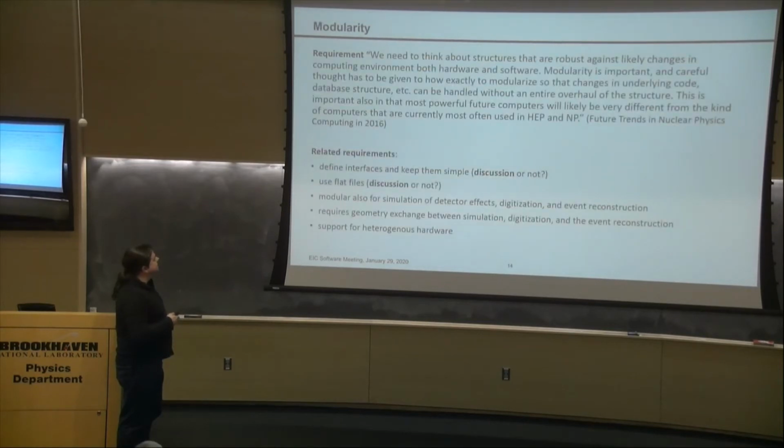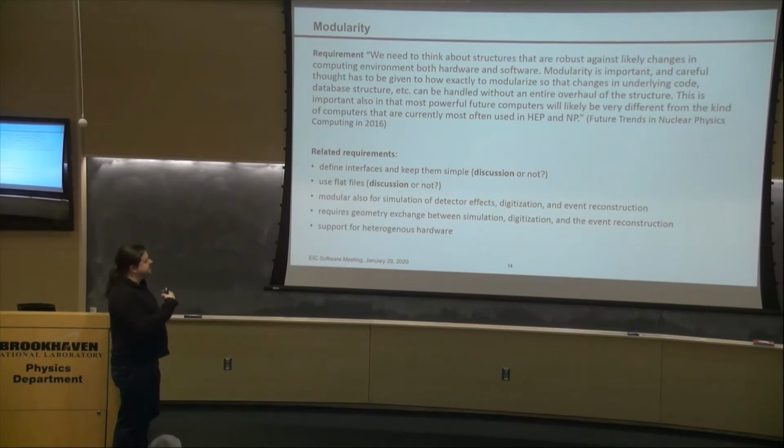Last but not least, modularity. This is also something from a report which we had for future trends in nuclear physics computing. We said that we need to think about structures that are robust against likely changes in the computing environment in both hardware and software.